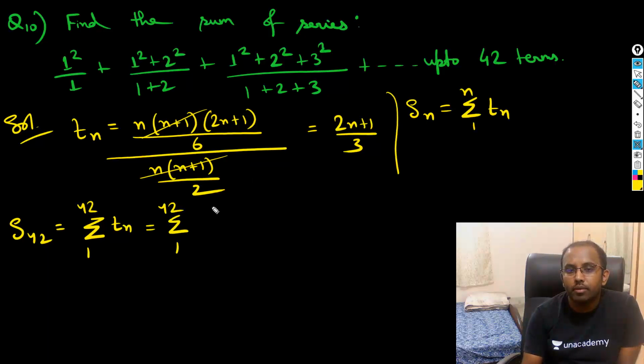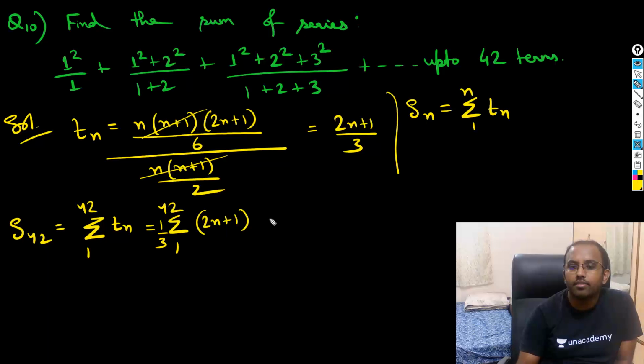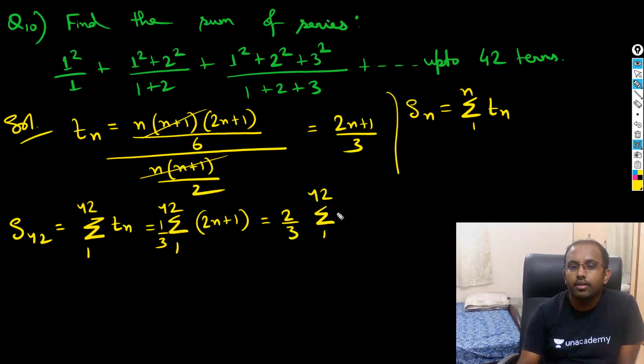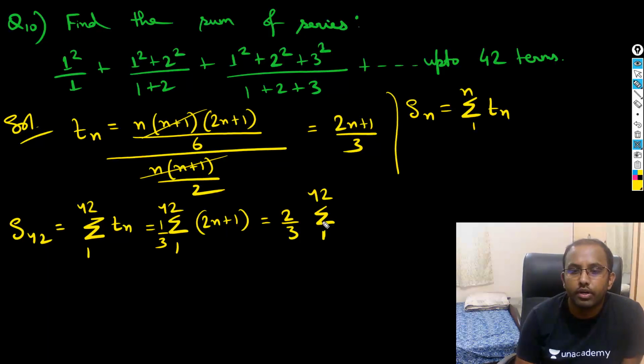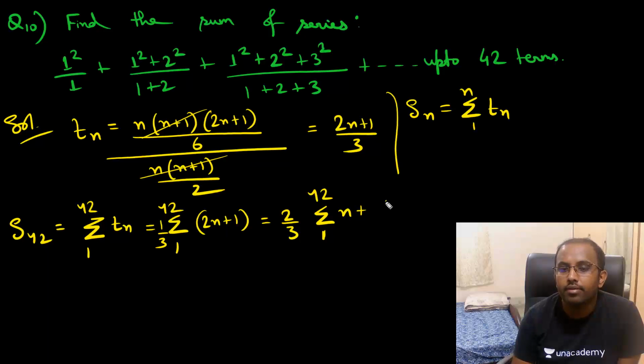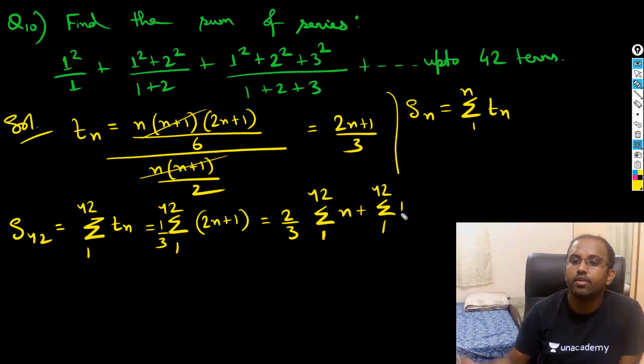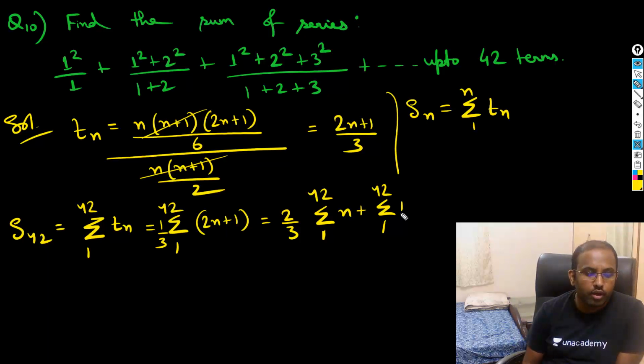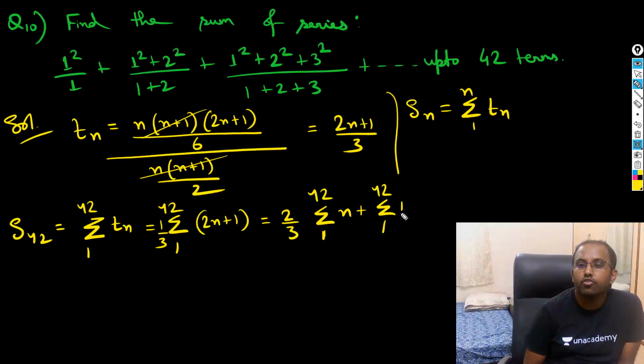I can break it a bit, write 2n plus 1, and take 1 by 3 outside. Then I can further take 2 out, and this becomes 2 by 3 times the summation of 1 to 42 of n plus the summation of 1 to 42 of 1. From here I can break these values, and then put the value of n as 42 in the end.